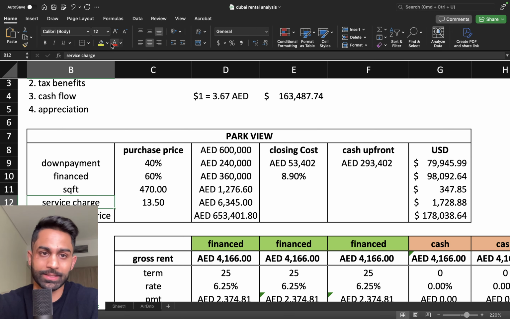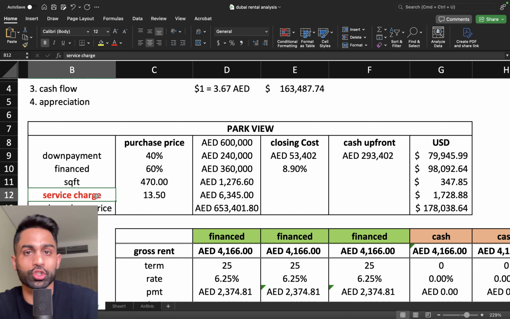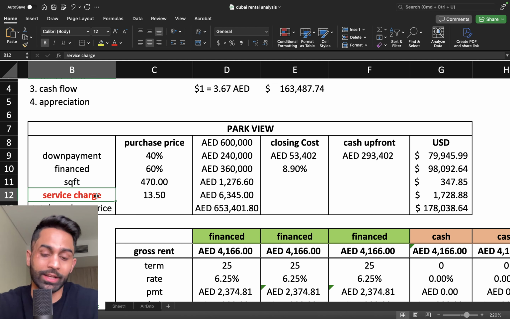And this is something that I really want you guys to understand, is a service charge. Service charge is very similar to an HOA, homeowners association, where the building's association or the property operator charges this amount, and then they make sure that the trash is collected, elevators are working, all the amenities are taken care of, like the pool and the gyms, and just the building upkeep, right?